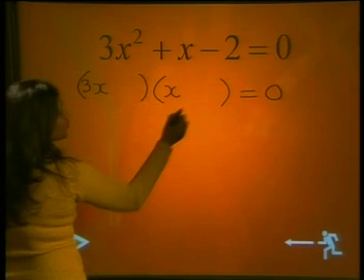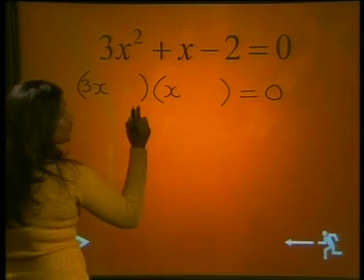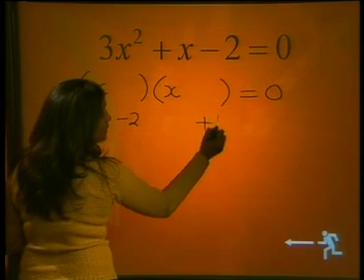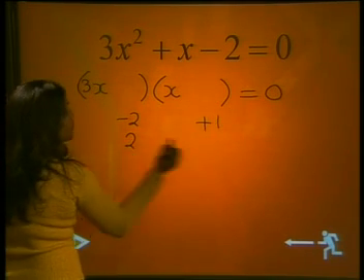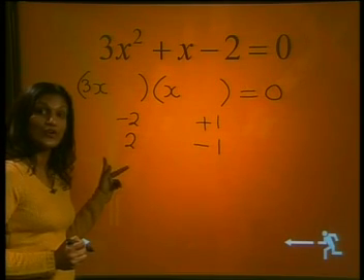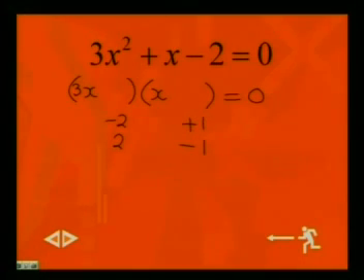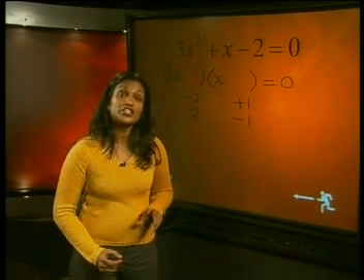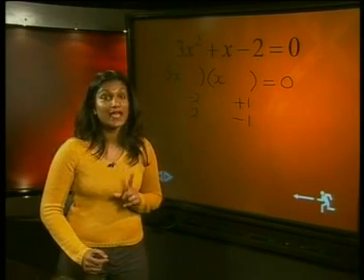Now we need to decide which numbers fit in here. We know the choices are either minus 2 multiplied by positive 1 or 2 multiplied by negative 1. So which one of these two are we going to choose? We've got to check which way would work to get the middle term of positive 1x.